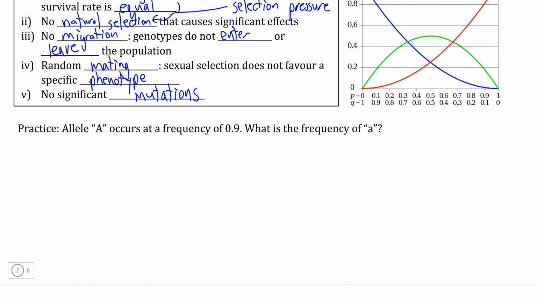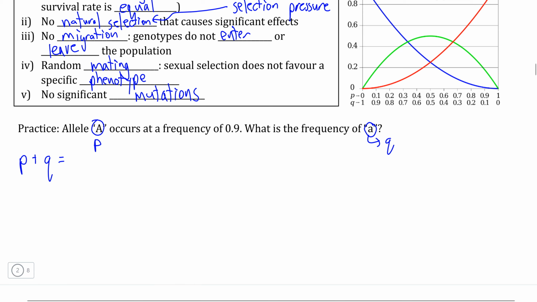So now that that's all out of the way, we can try a relatively simple practice problem here. So remember that for all intents and purposes, variable P is considered the dominant allele, so what we would use big A for, and variable Q is what little a is used for. So if we want to calculate what the frequency of the Q allele is going to be, remember that we actually have 2 equations, since P and Q are the only different alleles that occur within this specific gene.